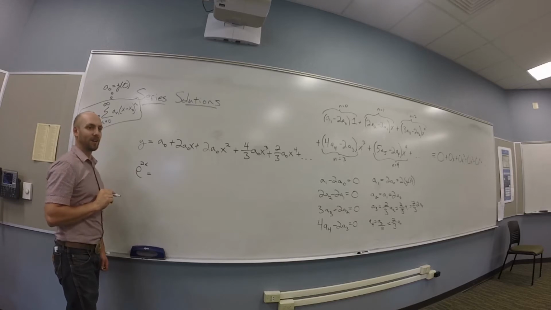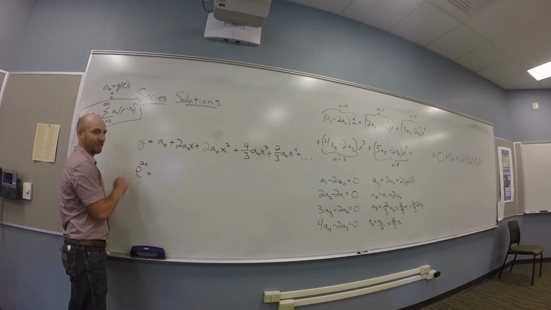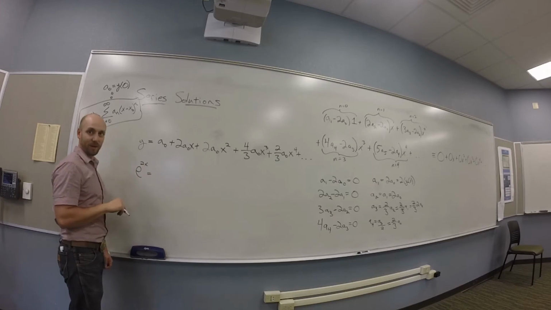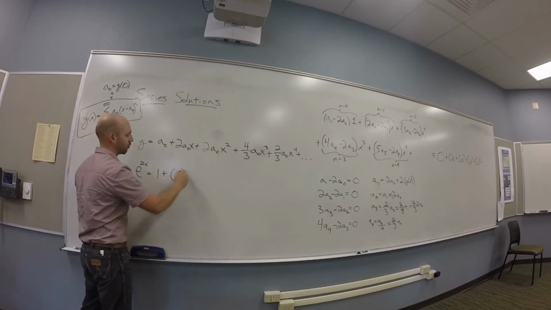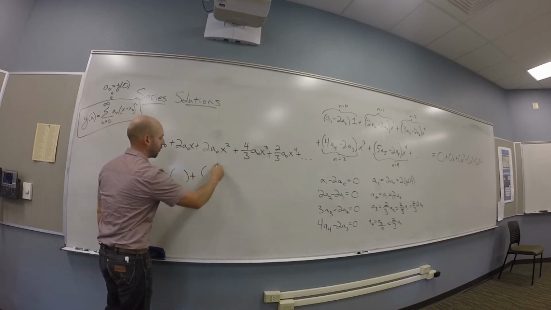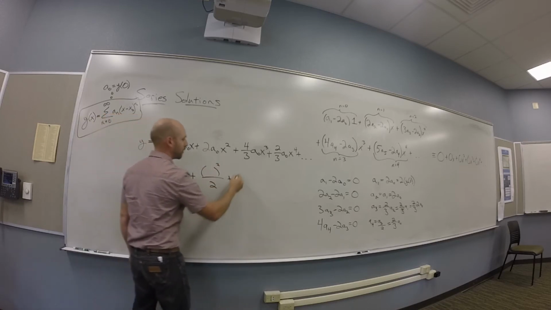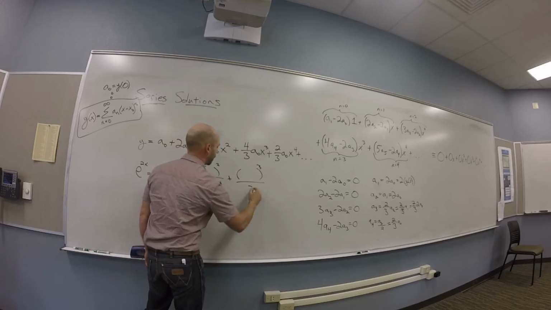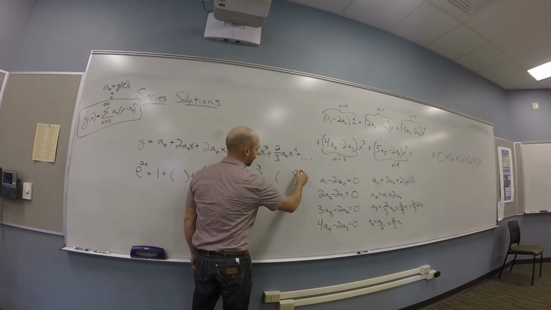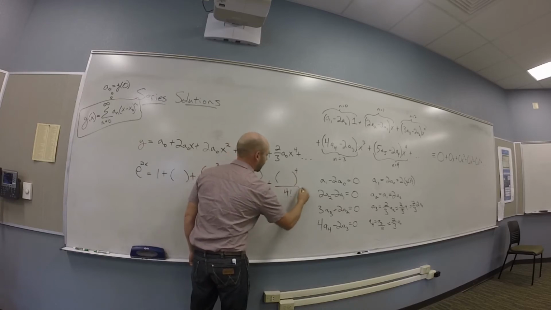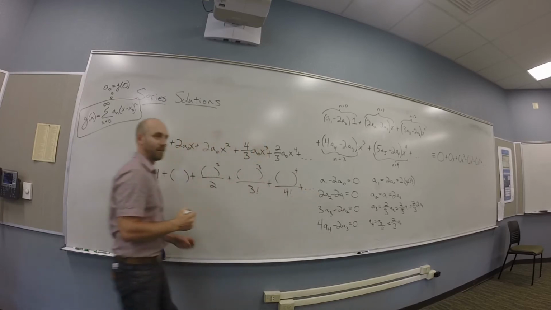I'd be like, okay, so maybe times a constant, right? But let me just do e to the 2x. So e to the x would be 1 plus whatever squared over 2 plus whatever cubed over 3 factorial plus whatever to the 4th over 4 factorial, and so on.